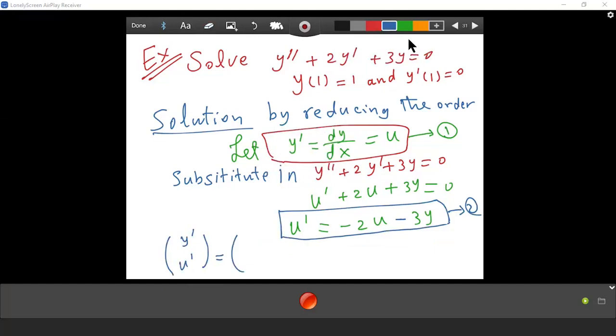What is the coefficient matrix here, please?